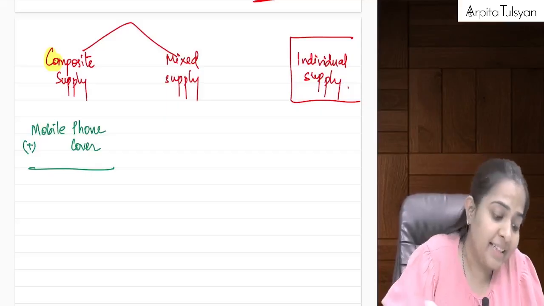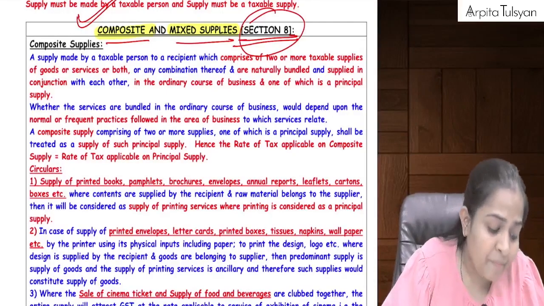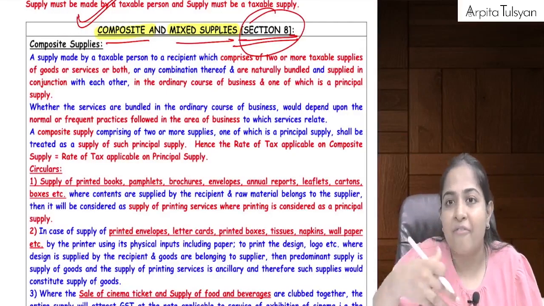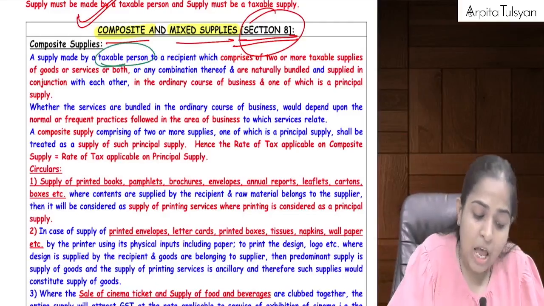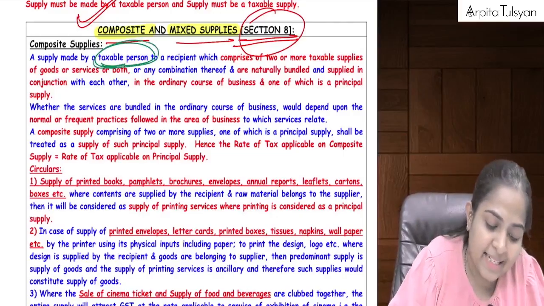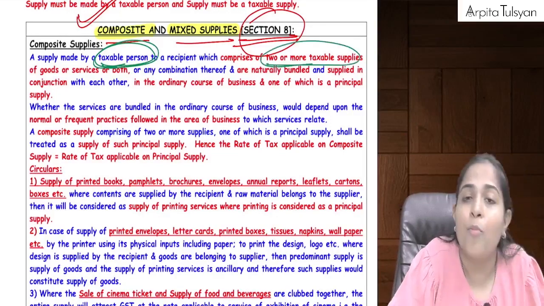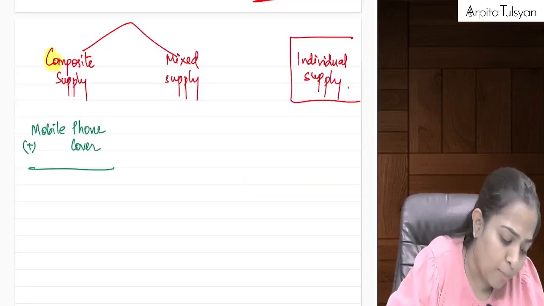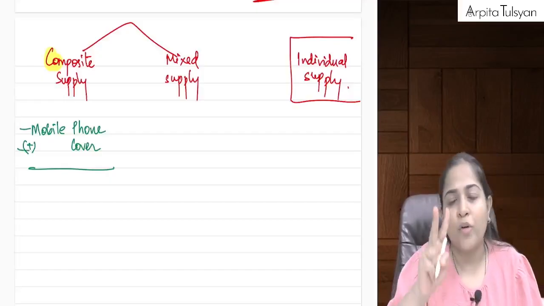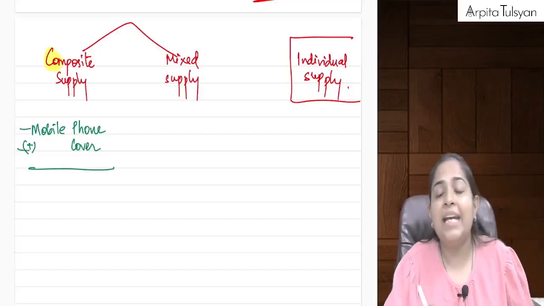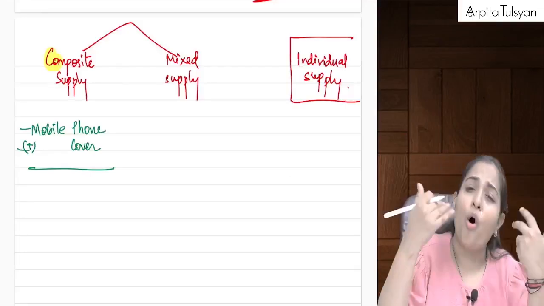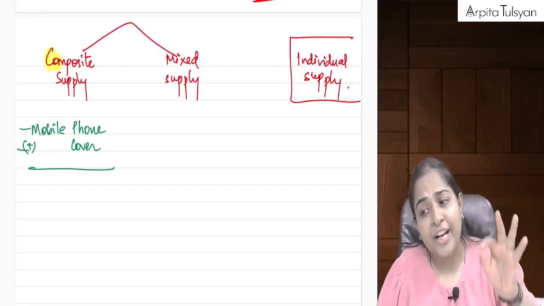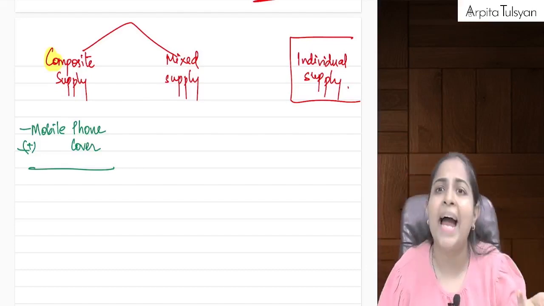Why? Because whenever the supply is made by a taxable person of two or more taxable supplies, both of the supplies are taxable, and it is done together in the ordinary course of business, meaning generally these two go hand in hand only.